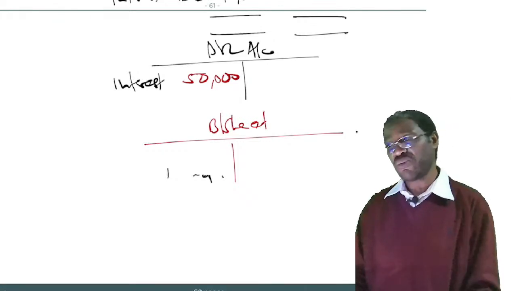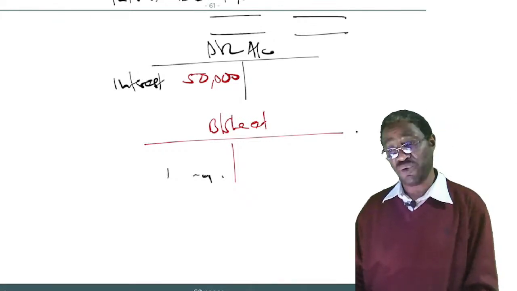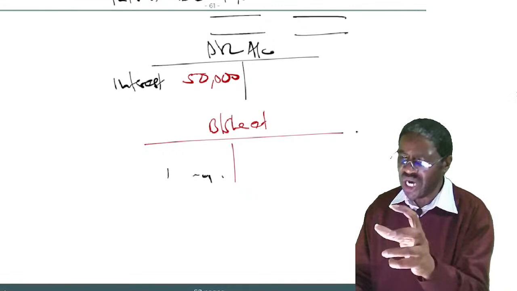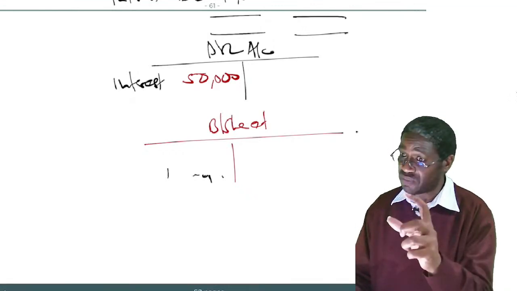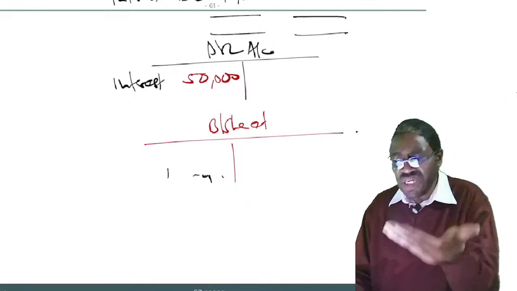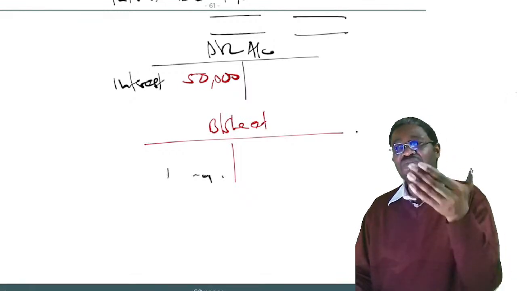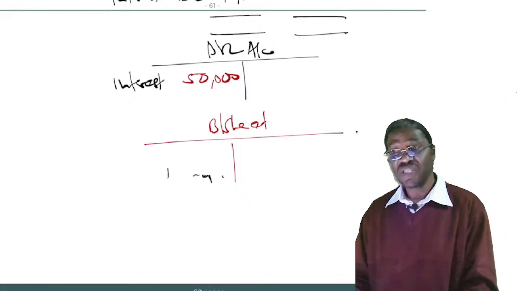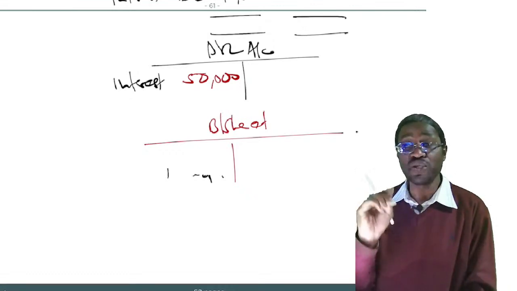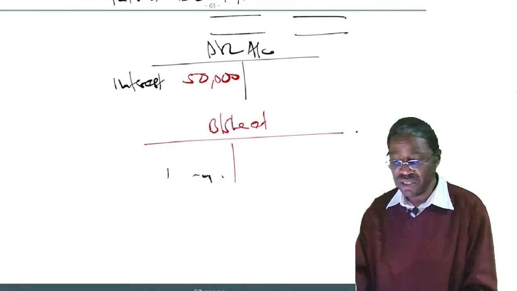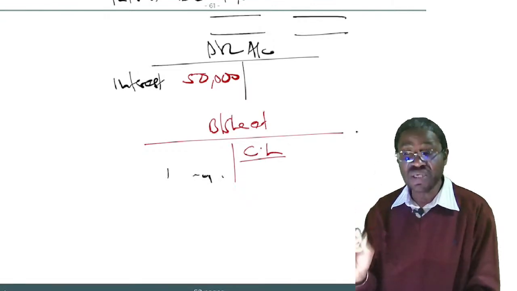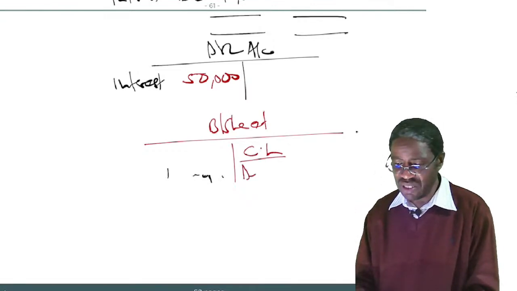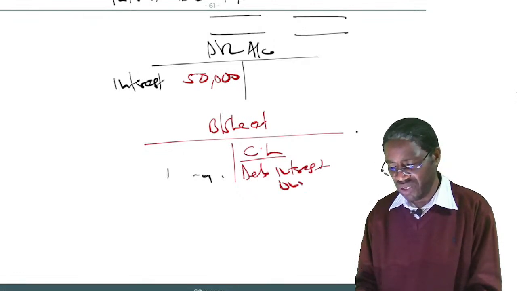But the charge for the year was 50. So if I've only paid them 40 and I'm supposed to pay them 50, then as a company, we have not paid them another 10. That 10 is what you used to take to the balance sheet as a current liability by the name of debenture interest owing of 10 million.